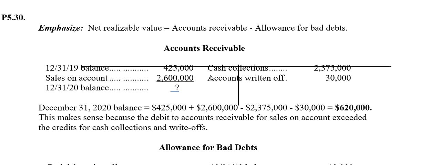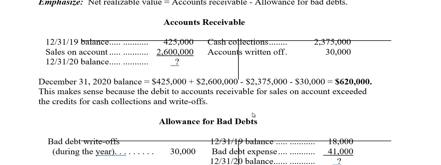Now, I want y'all to realize that allowance for bad debt is a contra account that rides with the accounts receivable, so they show up together on the balance sheet. And so the difference in the two is going to be your net realizable value. So whenever you have a question in the test bank or the quizzes that talks about net realizable value, remember that's accounts receivable minus your allowance account for bad receivables, which is bad debt.